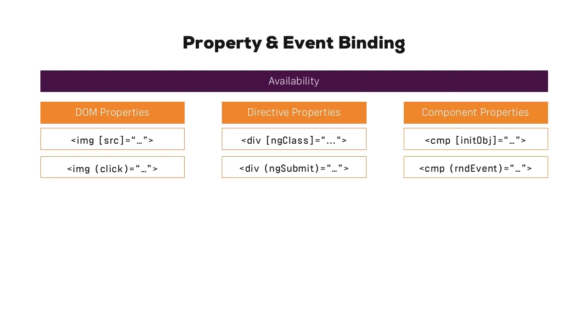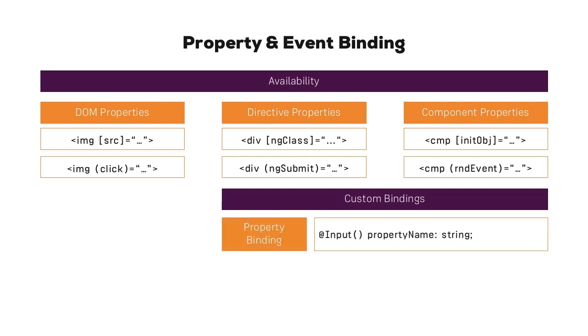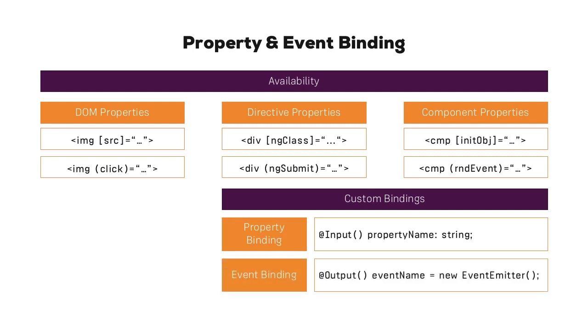For the latter two, directive and component properties, you may use some built-in ones or add your custom bindings. For property binding, this is done with the @Input metadata, which you add in front of the property you want to make bindable from outside. For event binding, well, it would be @Output event name.